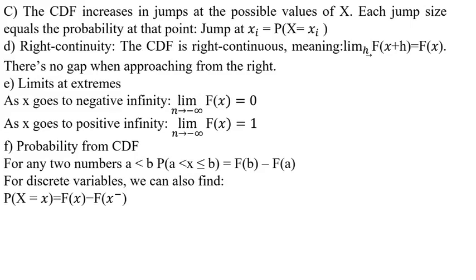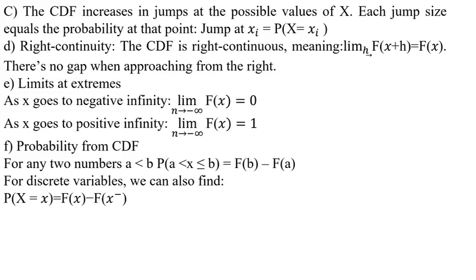Another one is limits at the extremes. As x goes to negative infinity, the limit of f of x is 0. Also, as x goes to positive infinity, the limit of f of x equals 1. Then, probability from the CDF, the cumulative distribution function.